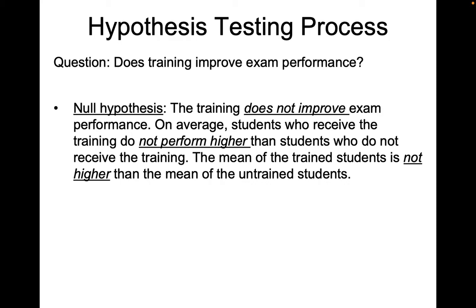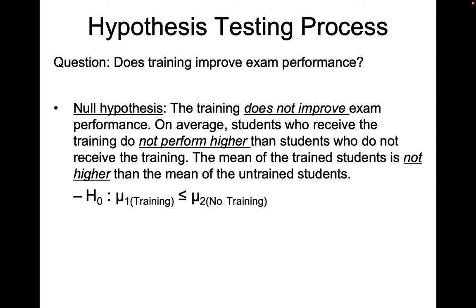Similarly, we could say that on average, students who receive the training do not perform higher than students that do not receive the training, and that the mean of the trained students is not higher than the mean of the untrained students. In symbols, the null hypothesis is symbolized as H sub 0, sometimes also called H sub naught. And then in symbols, we would say that mu1 is less than or equal to mu2.